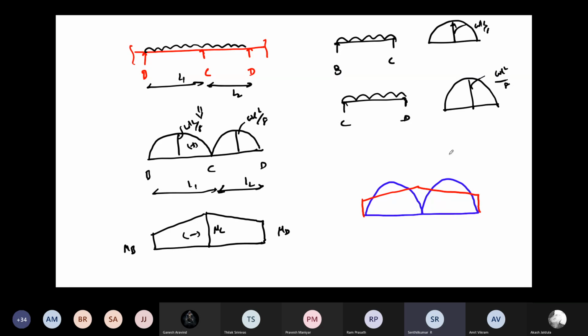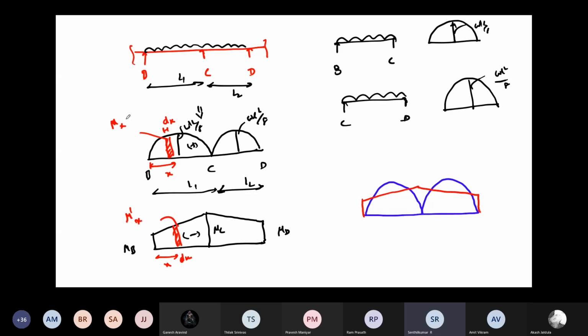So for that, what I'm going to do is I'm going to take one strip from here, at some x distance. I'm going to take some strip, just take dx. Here also the same, at x distance I'm going to take some strip. This is dx, right? So what is my ordinate? Ordinate will be, this is some moment at x, and this is M dash at x.